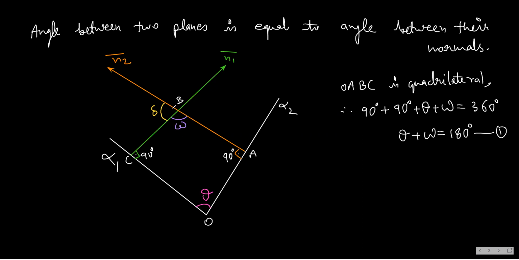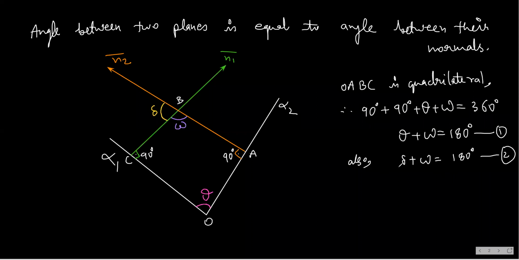You can say that these two angles, delta and omega, are supplementary angles. They are angles in linear pair. Delta plus omega will also be 180 degrees. So also from the diagram, delta plus omega is equal to 180 degree. This is equation number 2.